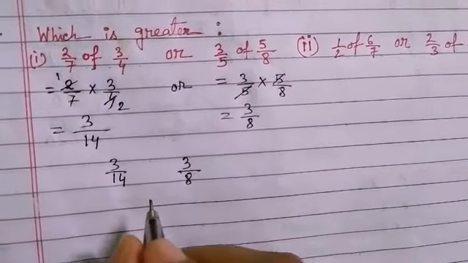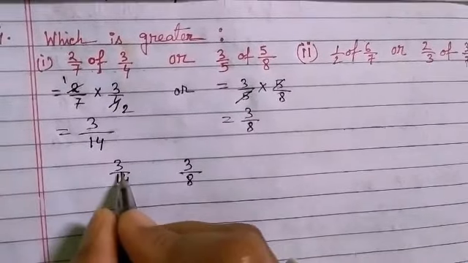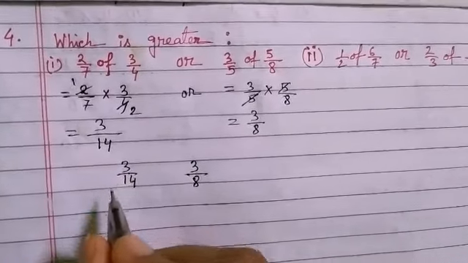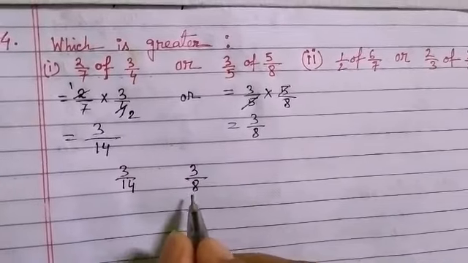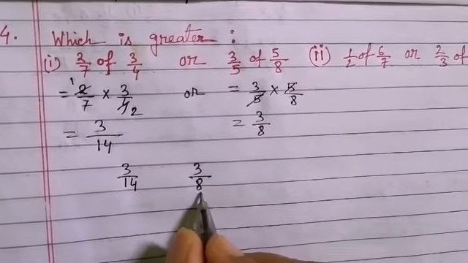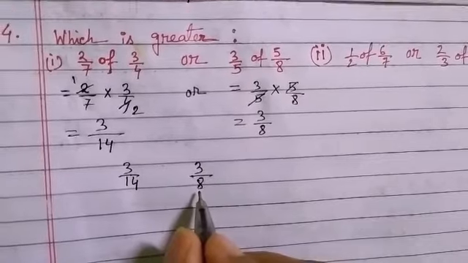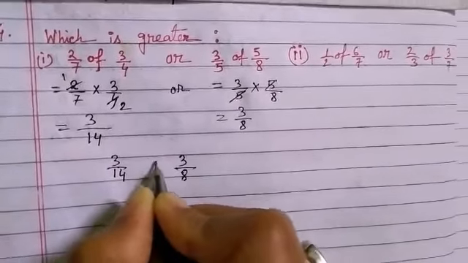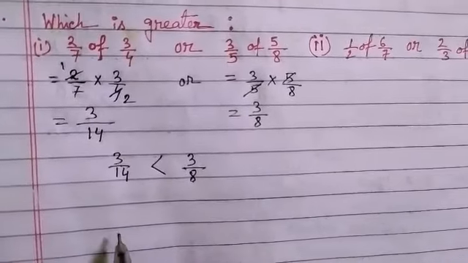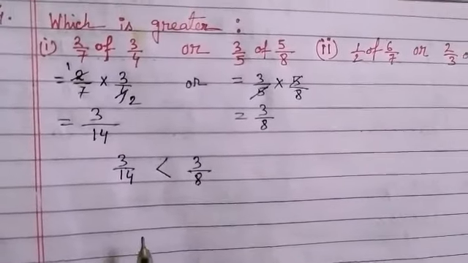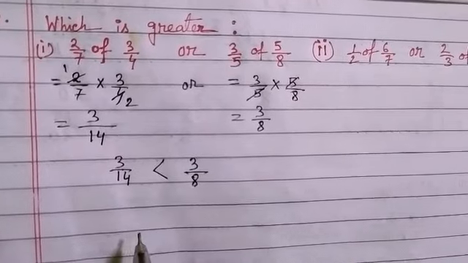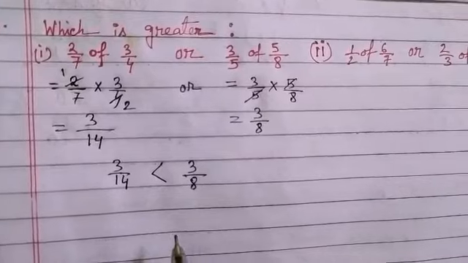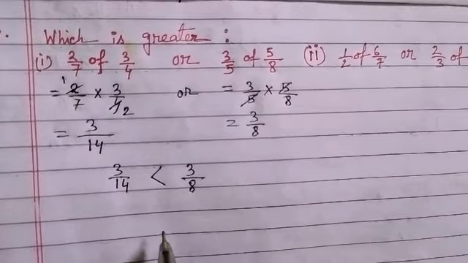And when the numerators are same, suppose here the numerators are same, see 3, here also 3, then which denominator is lesser, that one is the greater number. That means 3 by 8 here is the greater number. Or you can use here the cross multiplication process. Those who know this process, they can apply it here.